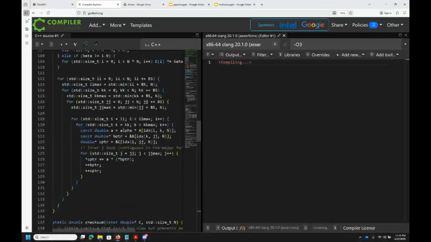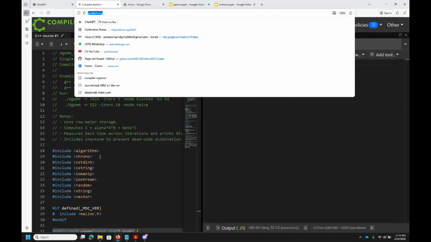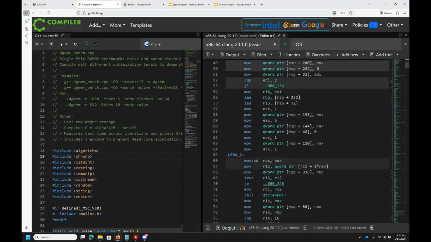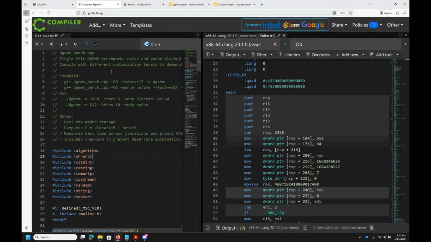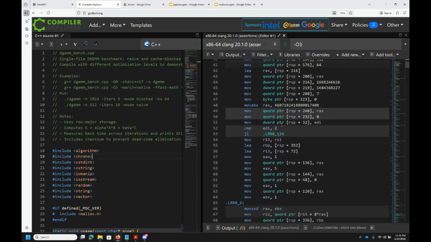Okay, good. So this is a tool known as Compiler Explorer. I've given a talk on Compiler Explorer before. You can go check it out if you want. Basically here we have a program on the left side, and this is the corresponding assembly on the right side. So this program is a matrix multiplication program.